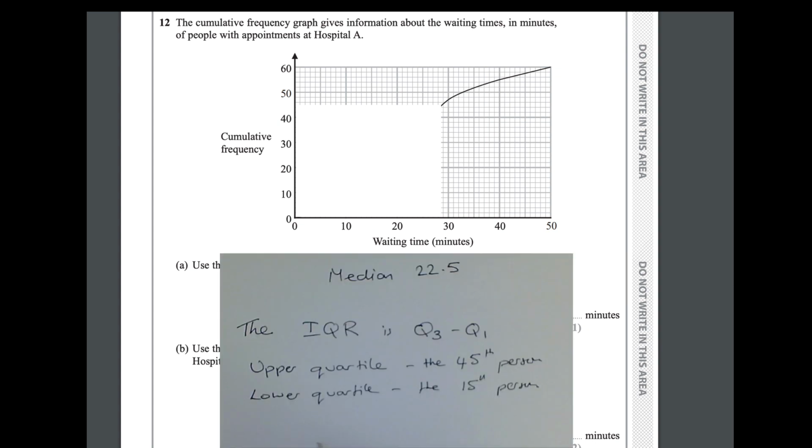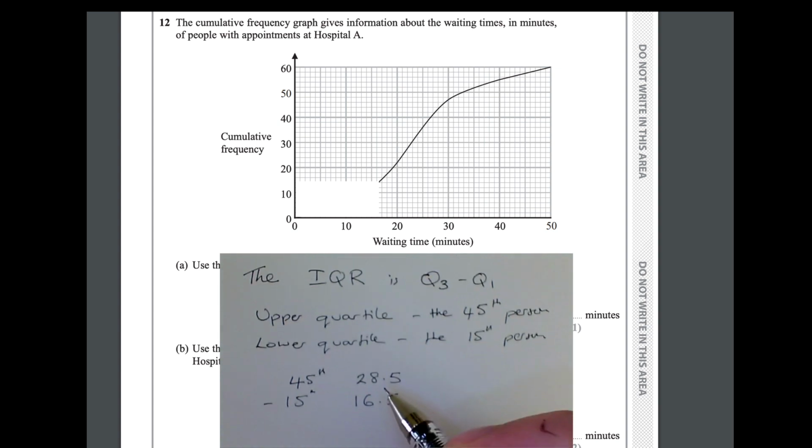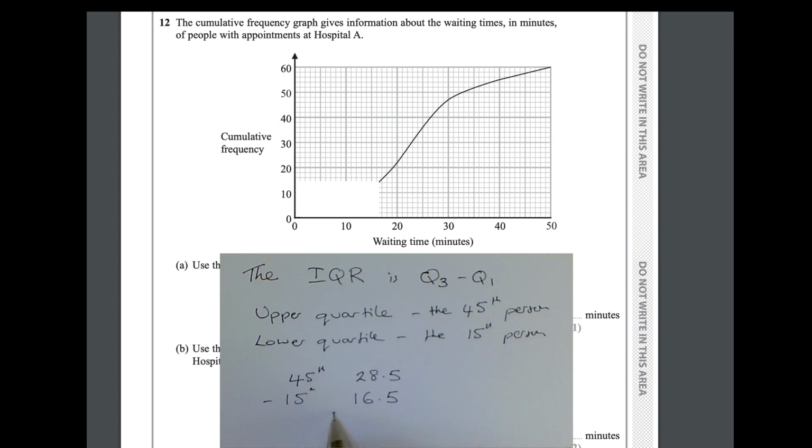Now I need to find the lower quartile. Just to record what I found so far: the upper quartile, 28.5. The same paper trick for the lower quartile, putting it on the 15th person, which looks to me like about 16.5 minutes.